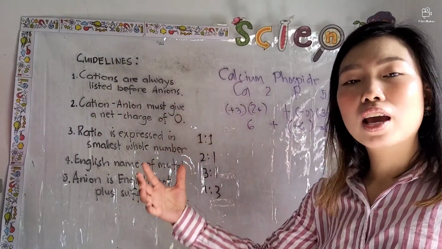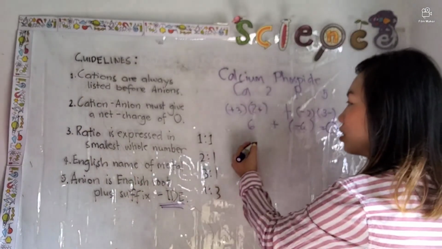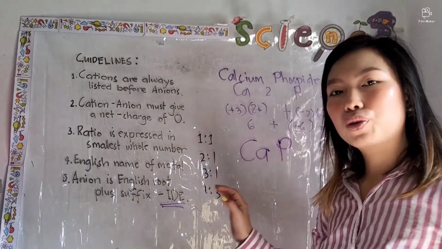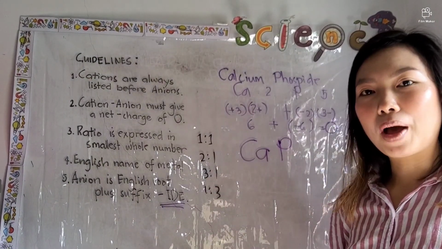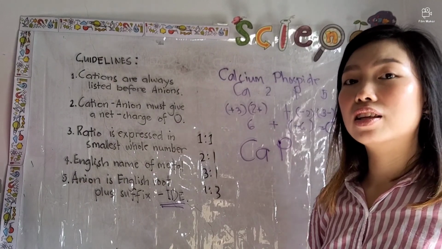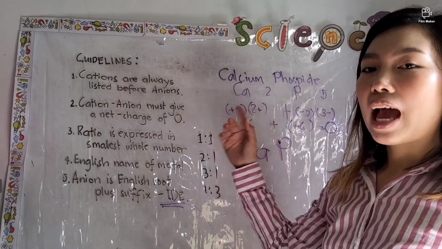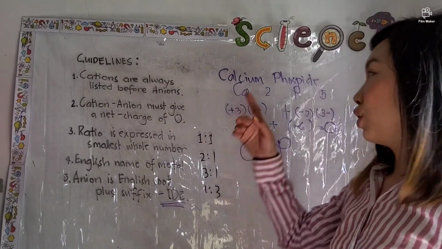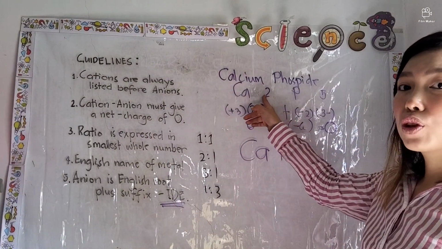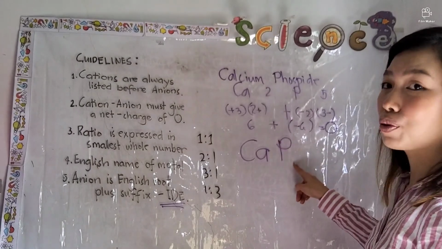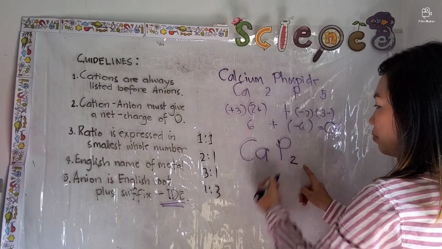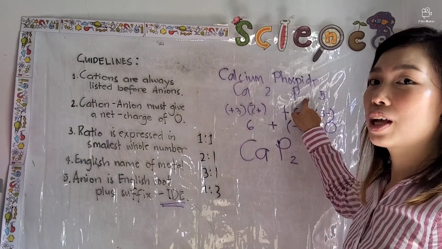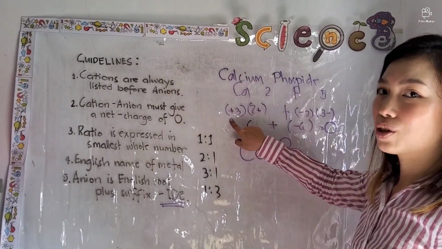In giving the chemical formula, write again the symbol of the two elements na nabanggit sa compound, and then write the subscript. Dahil tayo ay nagpalitan ng charge, yung charge ni calcium na 2 ay mapupunta sa phosphorus, at yung charge naman ni phosphorus ay napunta sa kabila.